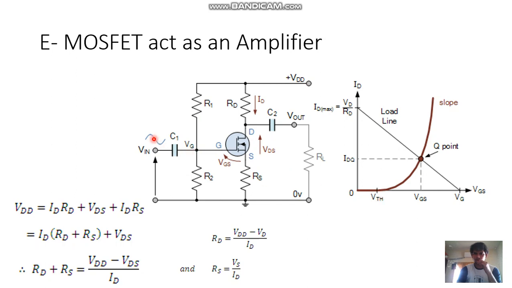If you want to transfer the whole waveform to the output side, it should be clamped to at least VTH. This minimum voltage should be somewhere here, and this maximum voltage is somewhere here.